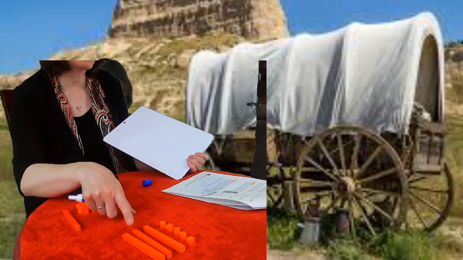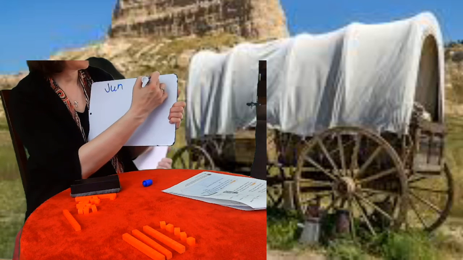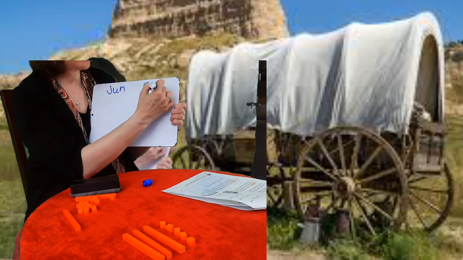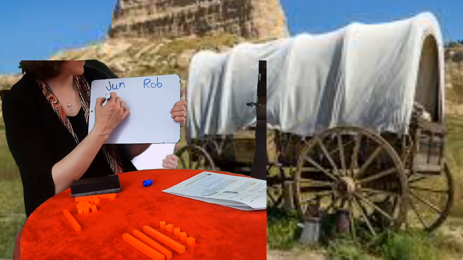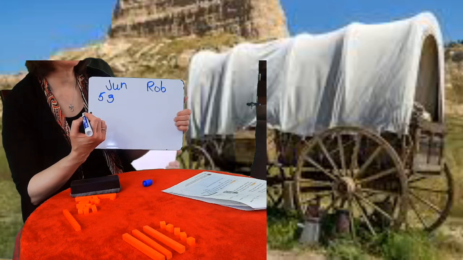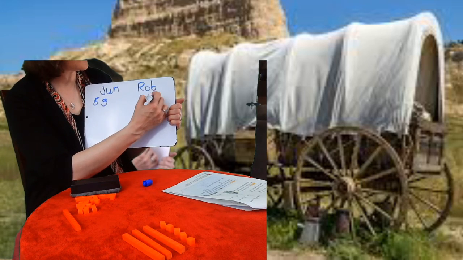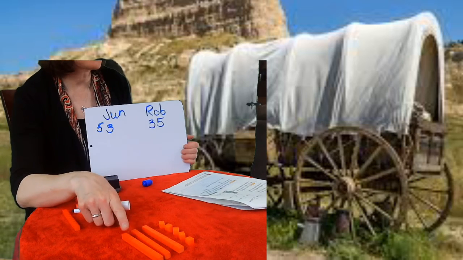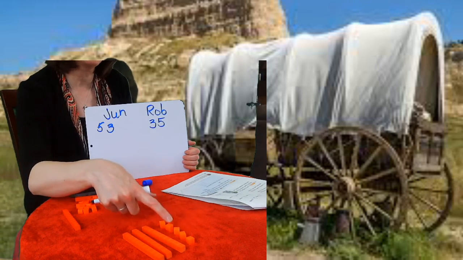Let's check who's correct, John or Rob. So we have John here, and we have Rob here. And John said that there were 3 ones and 5 tens. His number would be 53. Rob says there are 3 tens and 5 ones. Let's check his number. 10, 20, 30, 31, 32, 33, 34, 35.